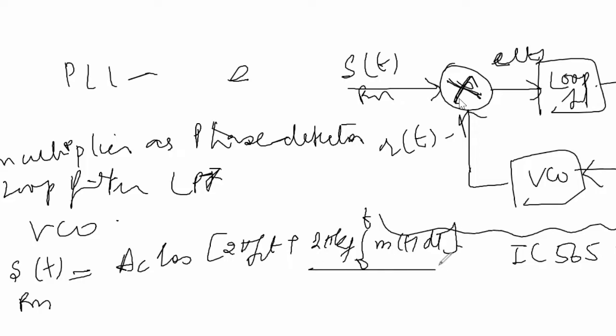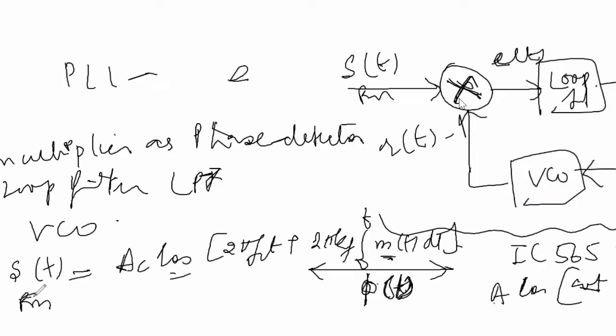This is nothing but the phase phi t of the cos equation, because any cos equation is cos omega t plus phi, isn't it? Here phi is not a constant, it is a time varying phi because it is in the form of a signal m(t). So this is our phi t, the phase of the cos, which is represented in FM.